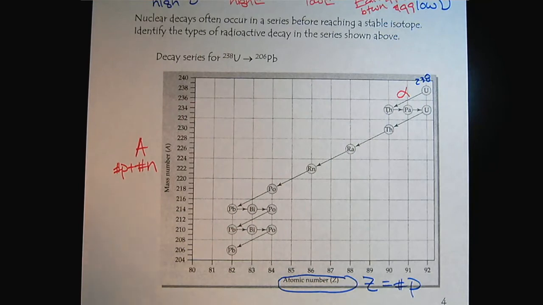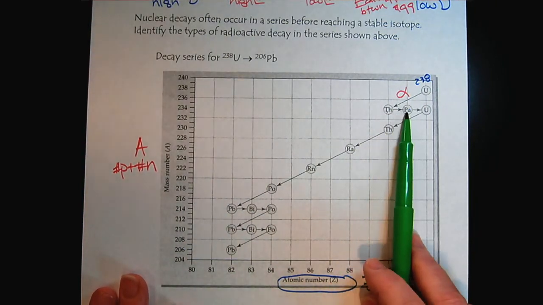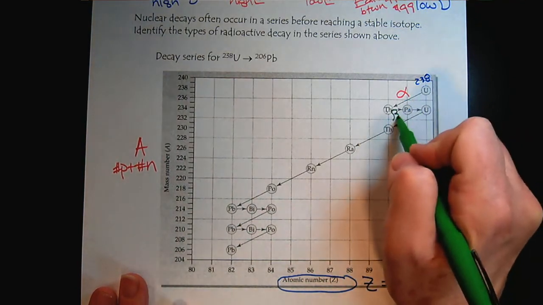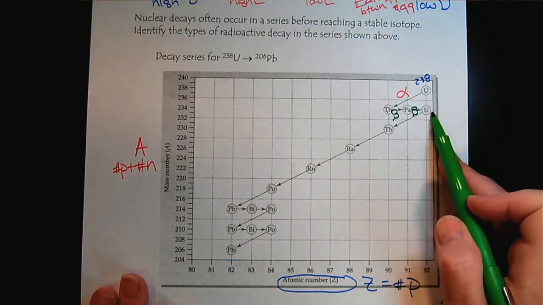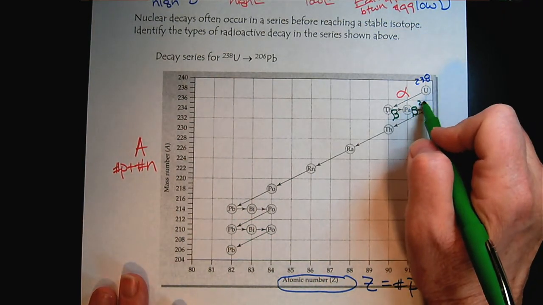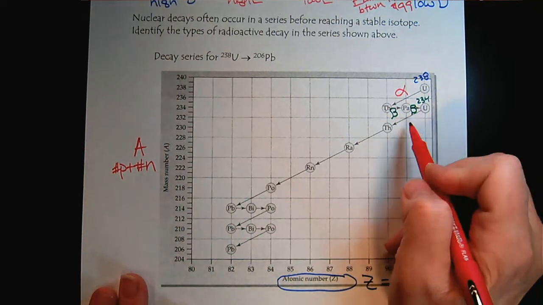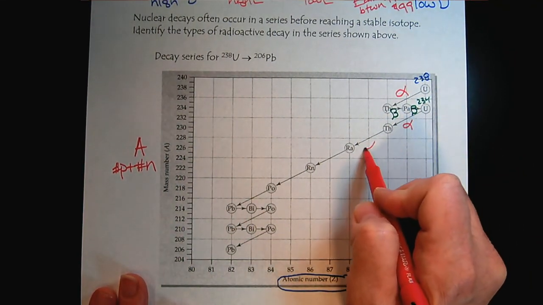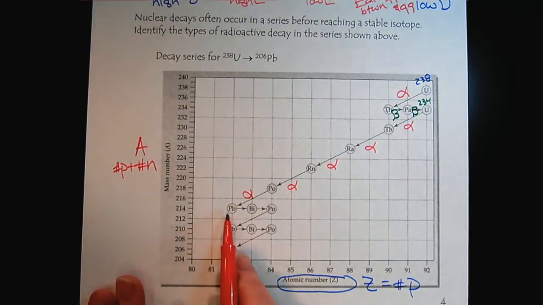And then we notice that thorium-234 decays to, I think that's protactinium, and then back to another isotope, so that would be 234 of uranium. And then we get a series of alpha decays all the way down until we get to lead.